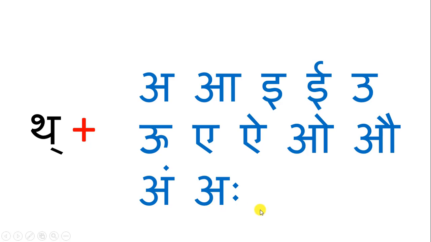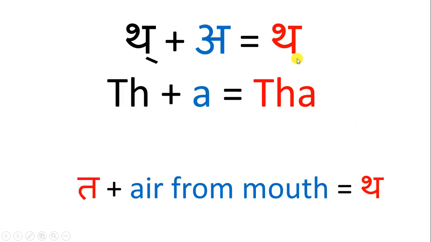Alright, so let us start with the first sound, which is th. You get this sound th when you add th to a. Th plus a equal to th. And as we have studied before, th is basically th plus air from mouth.